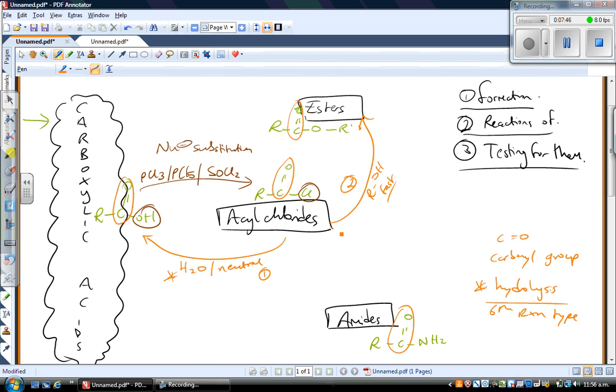The third type of reaction is to add ammonia. We want this ammonia to be dissolved in an alcoholic solvent because we don't want the reverse substitution happening where you would reform some of the carboxylic acid. So this is a substitution reaction.